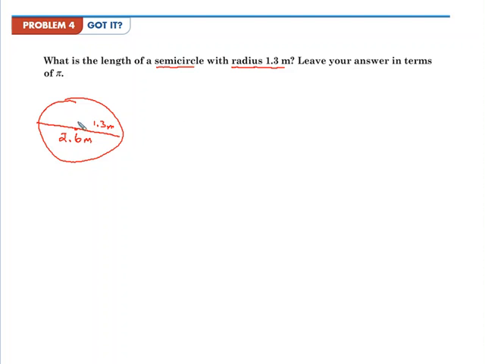Once again, let's think about how many degrees this is then. And well, if that's a semicircle and 360 is the whole thing, 180 degrees is half. And so my equation starts off like this: 180 degrees out of 360 degrees is equal to the ratio of the length of the arc divided by pi times diameter, and pi times diameter is pi times 2.6. And this fraction of 180 over 360 immediately reduces down easily because it's exactly half of the circle.